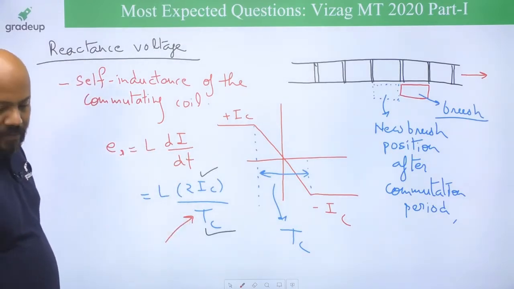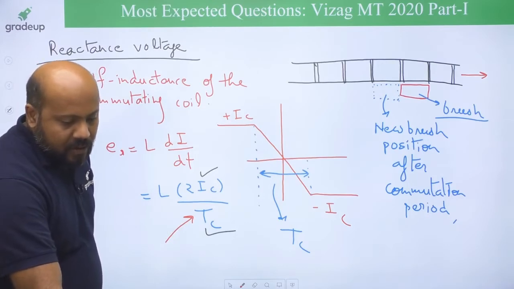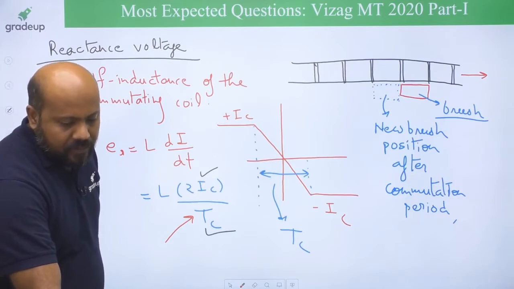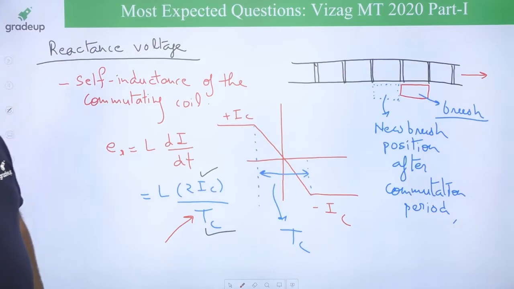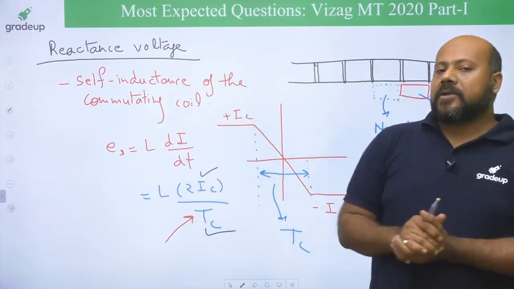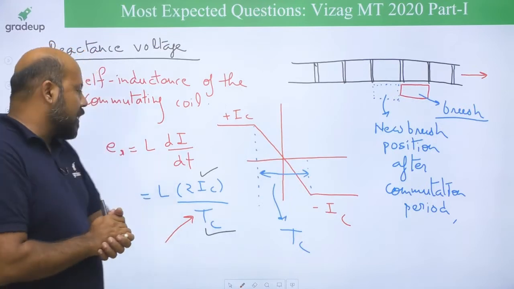Everybody is getting this or not? Yes or no? Just tell me. How to find the commutation period? This is the crux. If you have any doubt regarding whatever theoretical portion I am discussing, you can ask me.